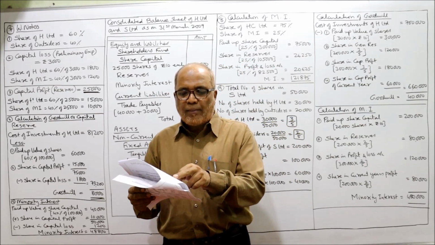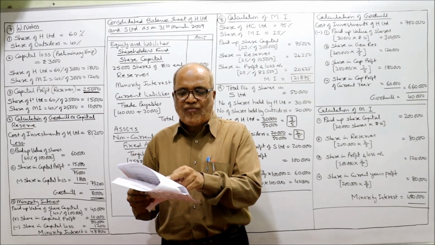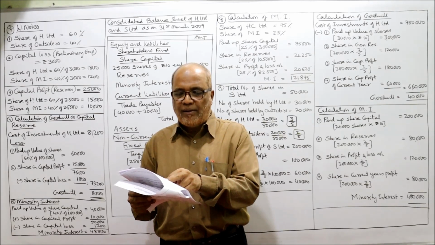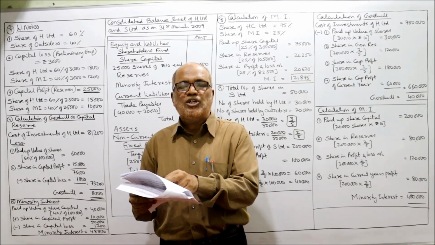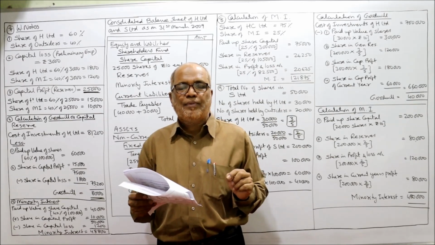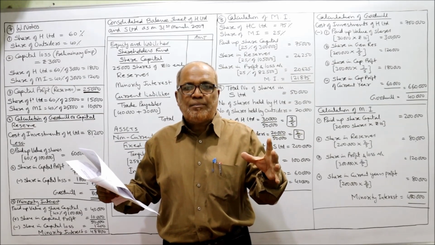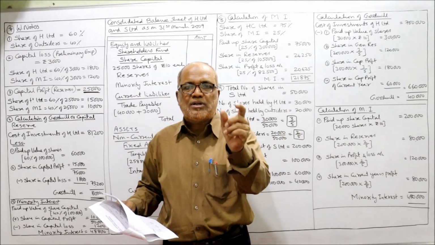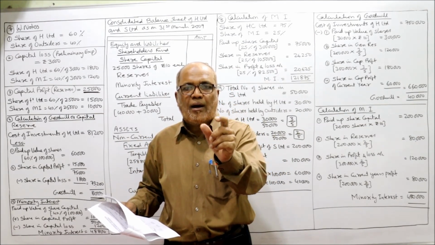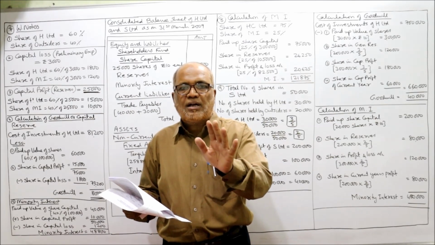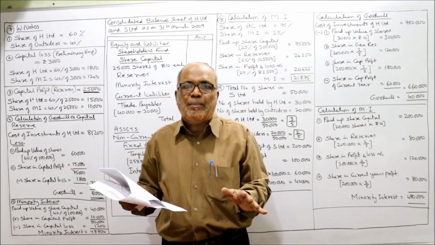Liability side, share capital, shares of rupees 10 each fully paid. 2,50,000 share capital for holding company and 1 lakh rupees is the share capital of subsidiary company. Remember one point, first point, when we make consolidated balance sheet we take the share capital of only holding company. Subsidiary company share capital will not come in the consolidated balance sheet.